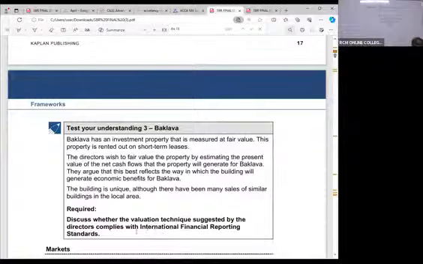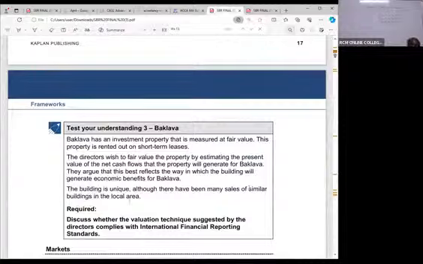As a gentleman, we are told here that what they're trying to do is value their property using the net cash flows discounted technique. This is level 3. And level 3 is only applicable for very unique buildings, buildings in this case that have got nothing similar to compare to. But if you look at this very well here, the building is unique, although there have been many sales of similar buildings in the local area.